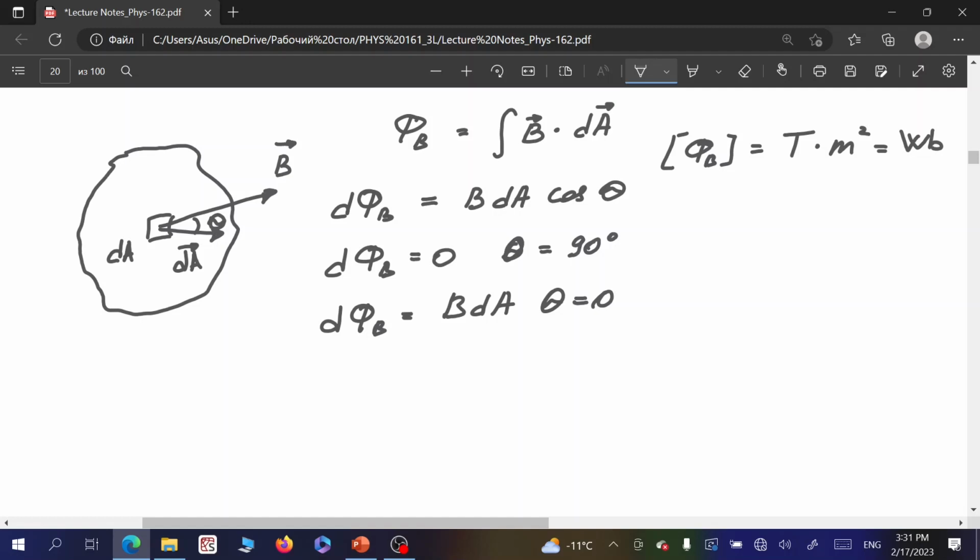So now, taking this into account, let us determine magnetic field flux through some surface next to the straight conductor with electric current.